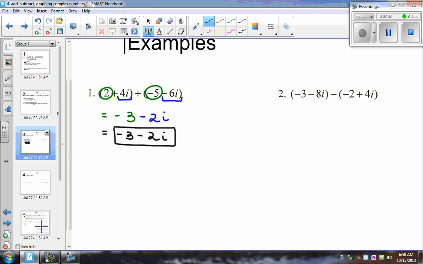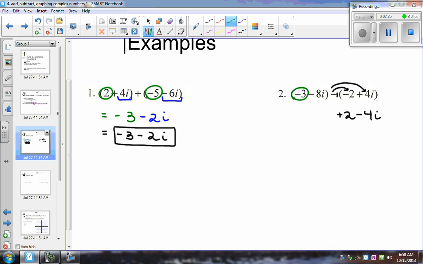Subtraction. The only difference, as we've seen in algebra, is that -1 coefficient in front of the second binomial. So we're going to distribute that -1, creating our expression of 2 minus 4i. And from there, we're just going to do exactly what we did before.